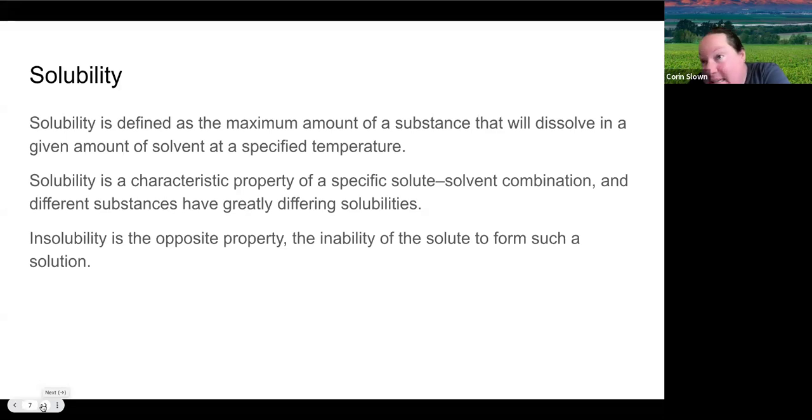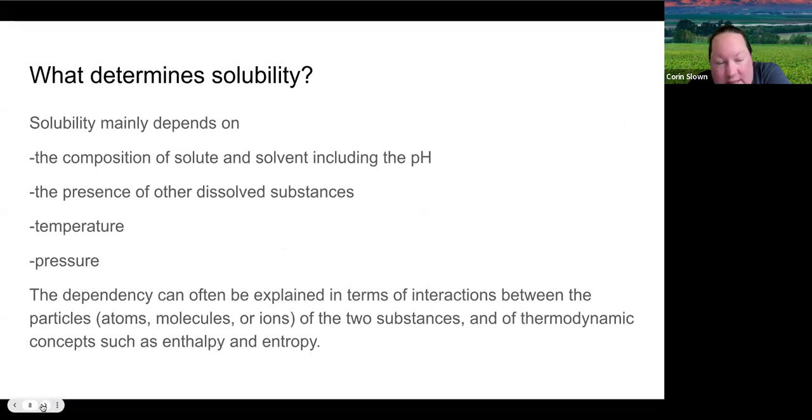That means with enough heat, you can get a little bit of that solute to go into solution, but typically they're not particularly soluble. And then the last piece is we have talked about how it's the composition of both solute and solvent, and that's going to really depend in some cases on pH. We've also talked about the presence of other dissolved substances. We're going to look at the common ion effect on Thursday. And then we've also thought about temperature and its influence on solubility, but you could also use pressure as well.